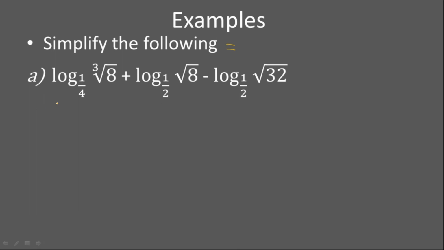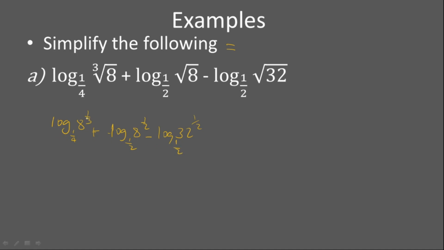This can be written as the logarithm of a to the power of 1 over 3 to the base 1 over 4, plus the logarithm of a to the power of 1 over 2 to the base 1 over 2, minus the logarithm of 32 to the power of 1 over 2, since it's a radical we can change it into the exponent form, to the base 1 over 2.